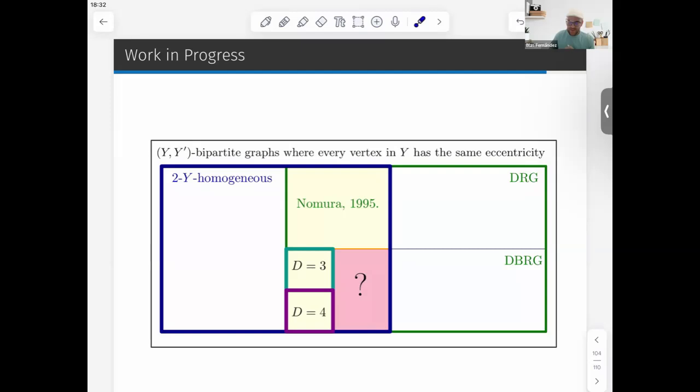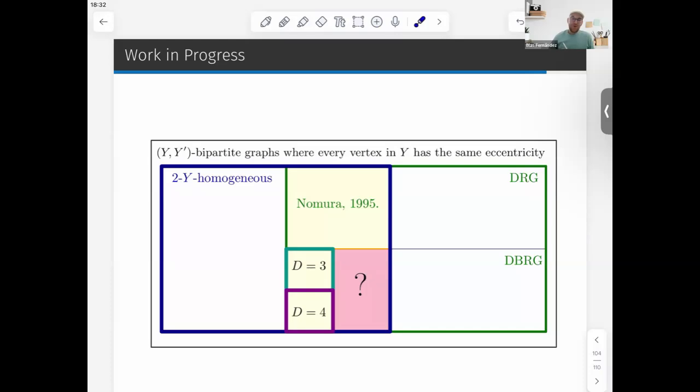So we would like to find the classification of all 2i homogeneous distance-biregular graphs. We already understand which are those with D equals 3, those with D equals 4, and somewhere in the future we would like to fill this gap. My conjecture is that there is no such graph.